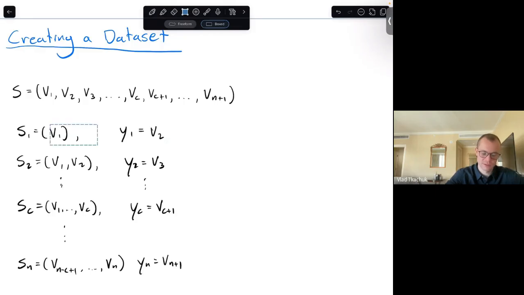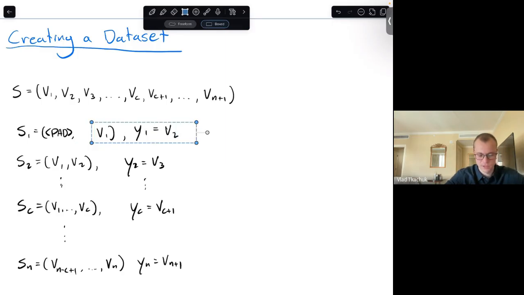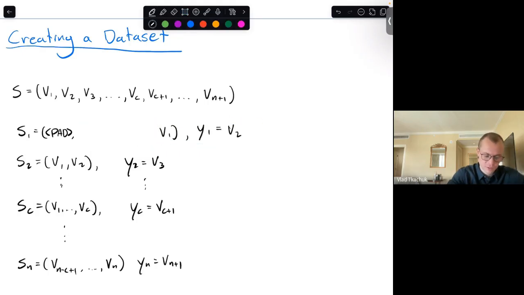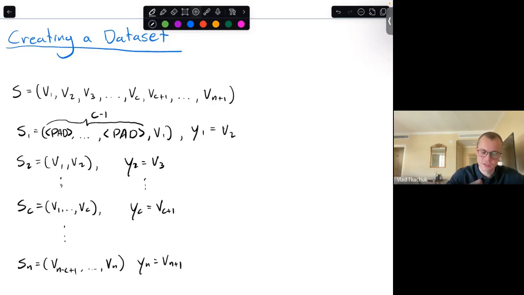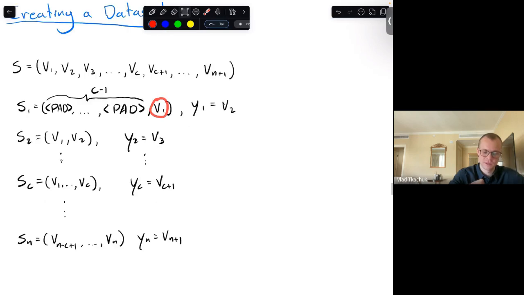If you padded things, you would add a bunch of these pad tokens. And the number of pad tokens here would have been C minus 1, because then there's just 1 token here.